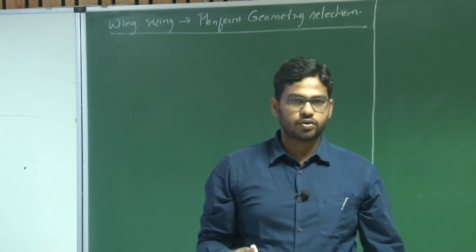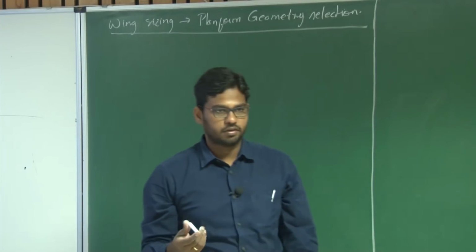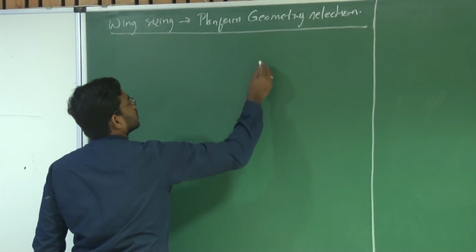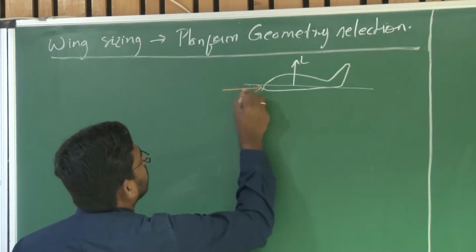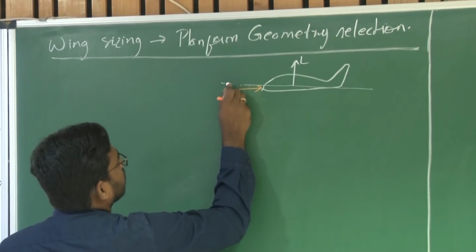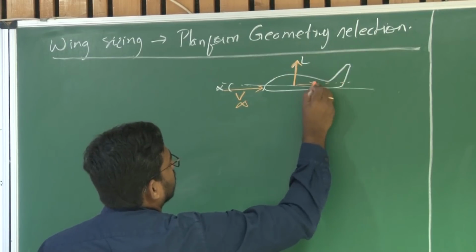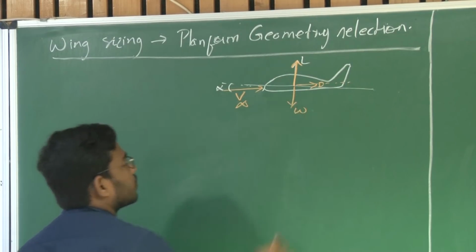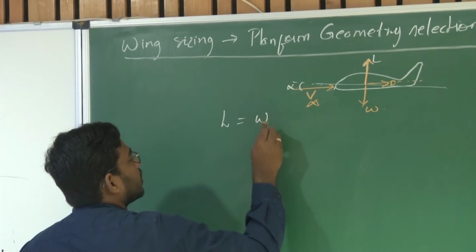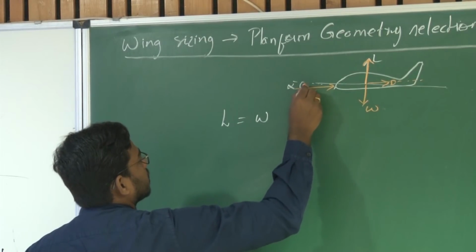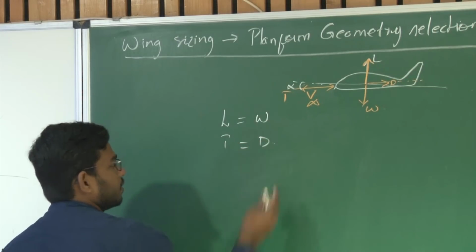So we want this UAV, which is of a particular weight, to fly at a particular velocity, right? So the whole idea during cruise is lift should be equal to weight, and the thrust, acting in this direction, should be equal to drag.